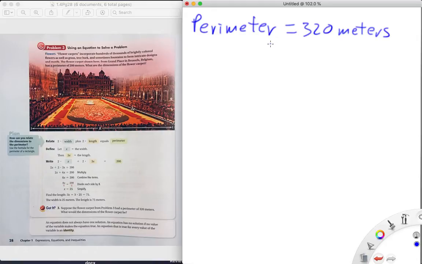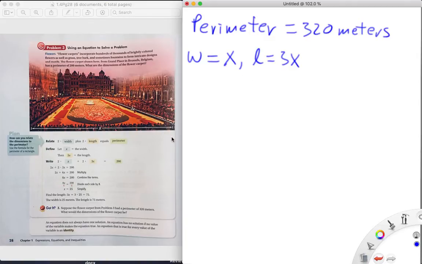We're also told, by looking at the picture, that we have the width and the length. The width is equal to x. The length is equal to 3x.